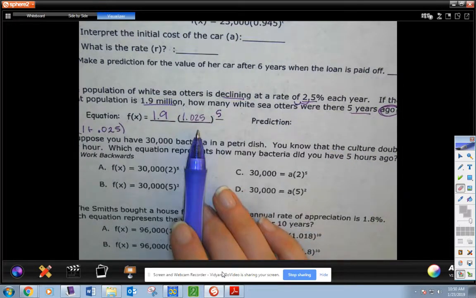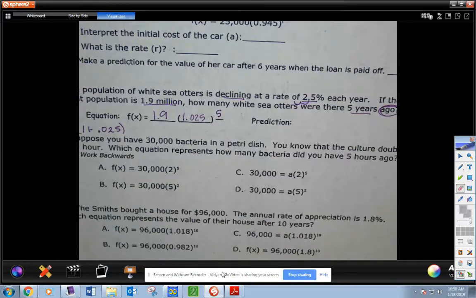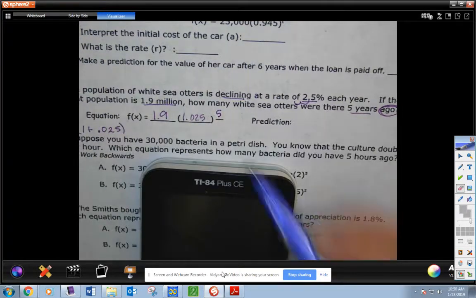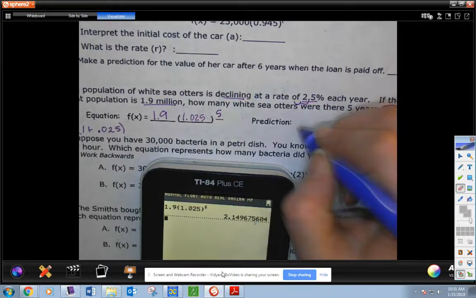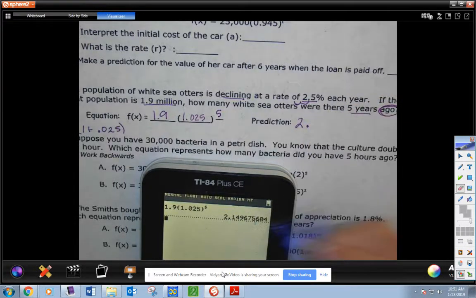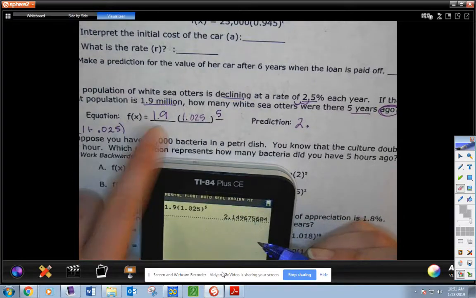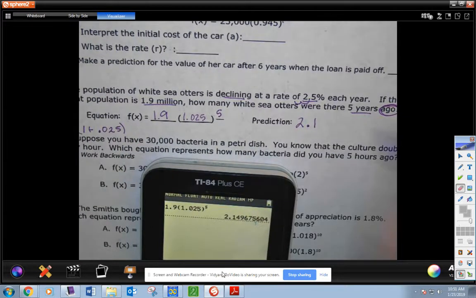So I'm actually going to be growing, which is really confusing because it says declining. So when you type this in, you're going to do 1.9, open your parentheses, 1.025, close your parentheses to the 5th. And that's going to give you 2 and I'm going to keep 1 decimal like they did. So the 4 does nothing to the 1. It's going to give me 2.1 million.